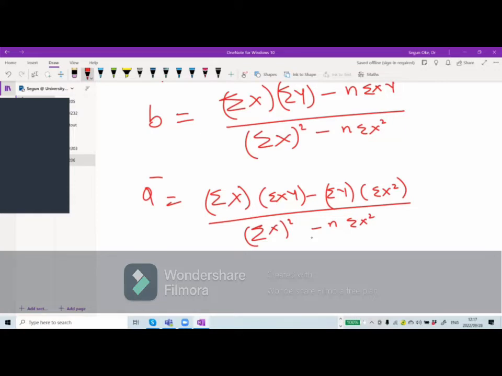So the difference between A and B: the denominator, the one at the bottom, is the same, but the one on top is the difference. So let's take note of that.